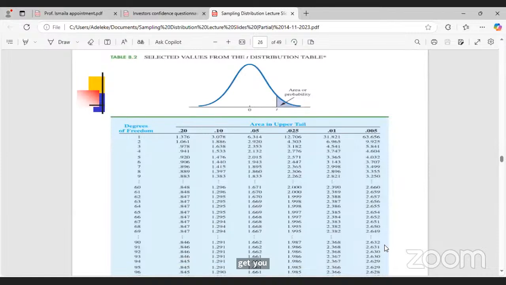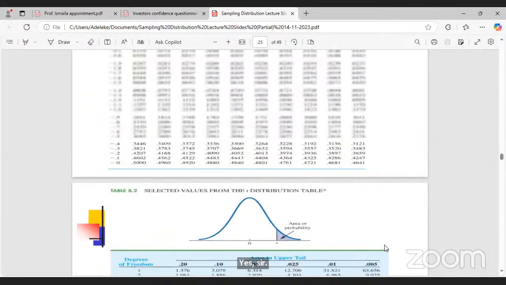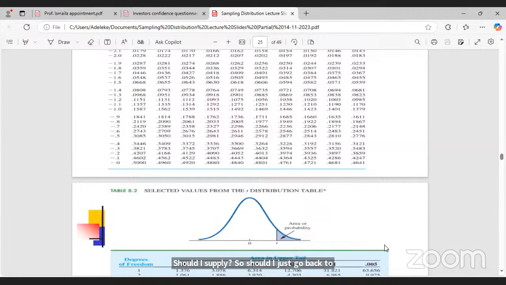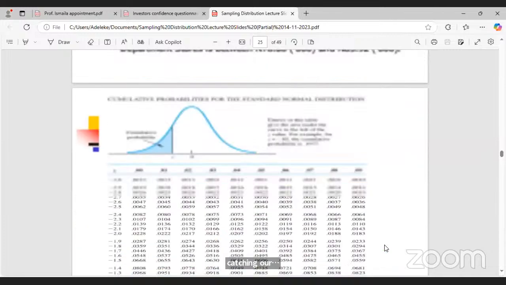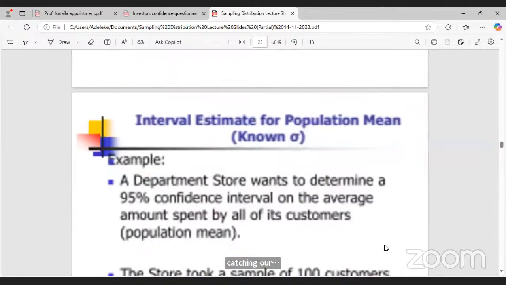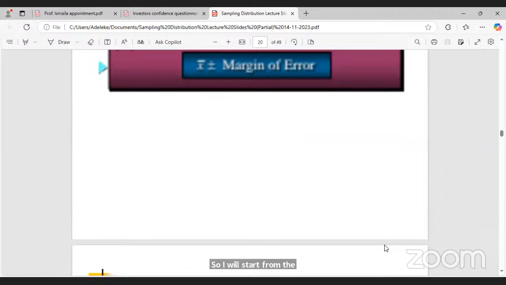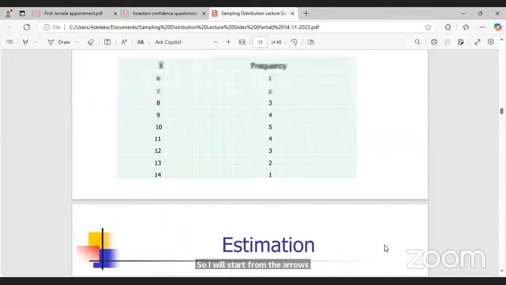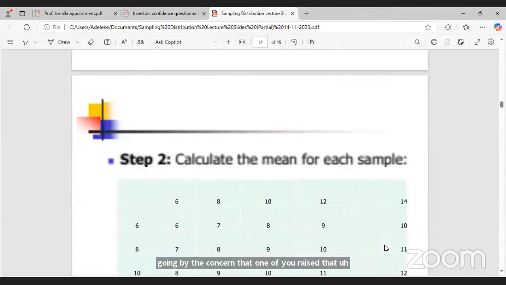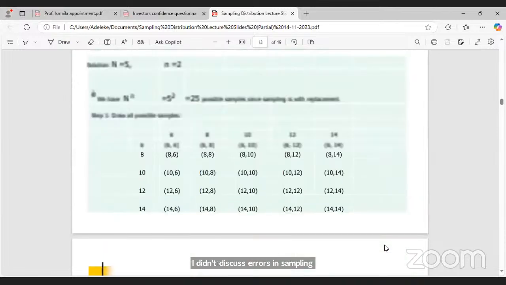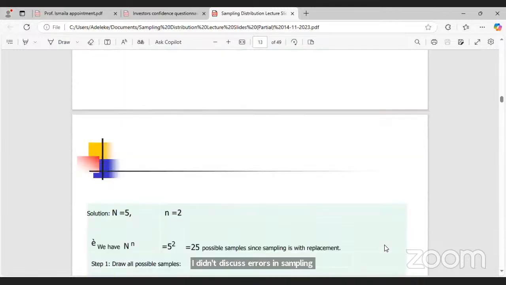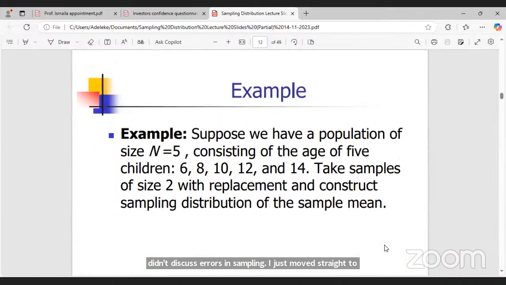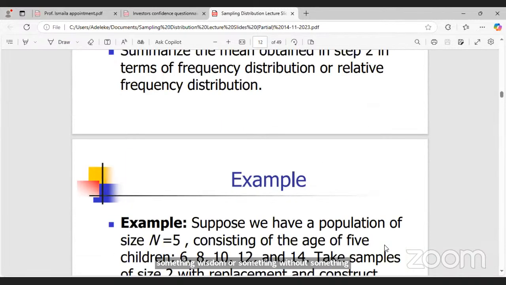So now let's apply it. Let's go back to estimation, and we'll see how important these tables are in getting our estimates. I will start from the errors, going by the concern that one of you raised, that I didn't discuss errors in sampling. I just moved straight to sampling with or without replacement.